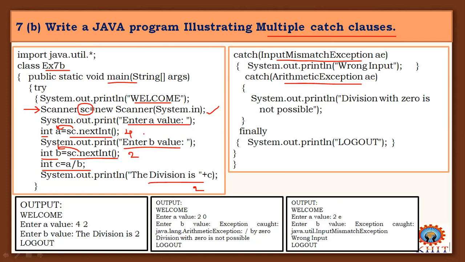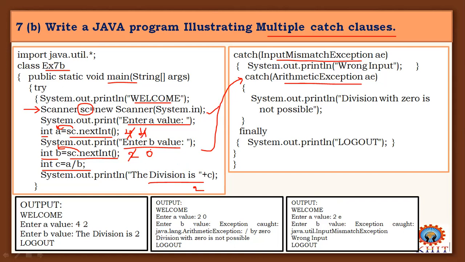Suppose again I am entering 4 and b value as 0. Second time, right? 4, 0. So it generates an ArithmeticException, so the catch handler will handle that exception thrown by the try block.